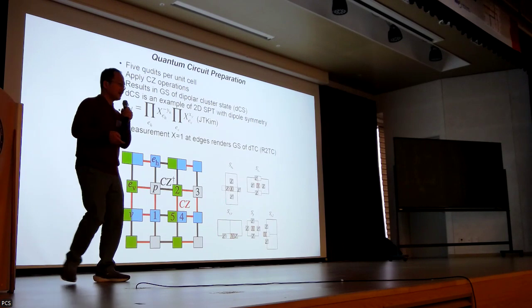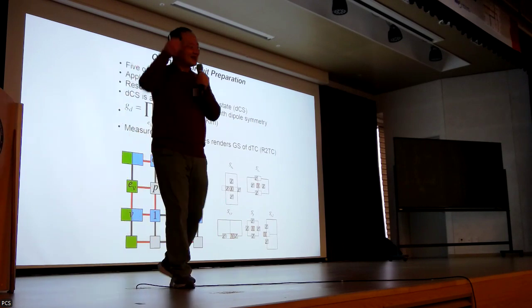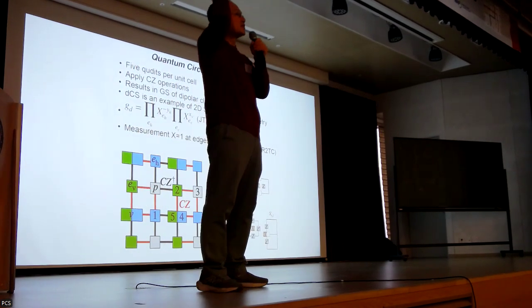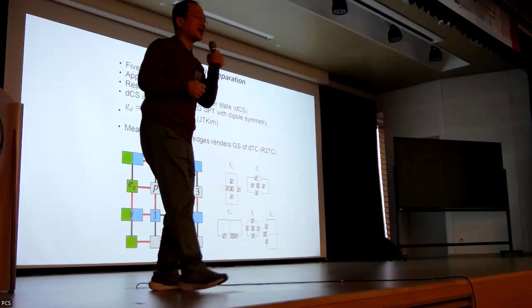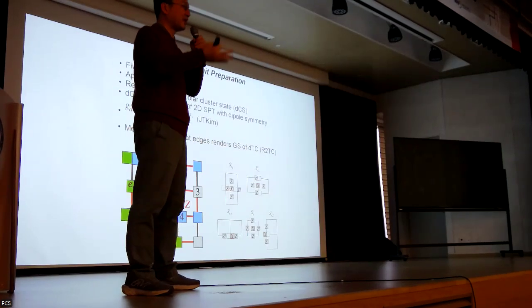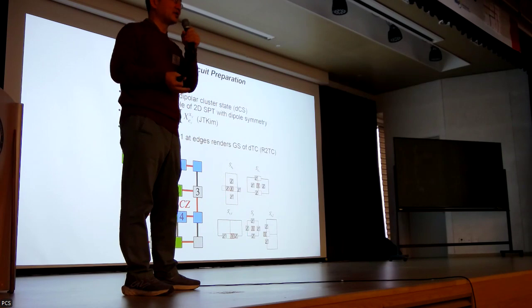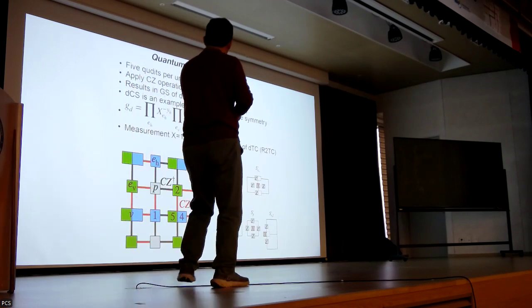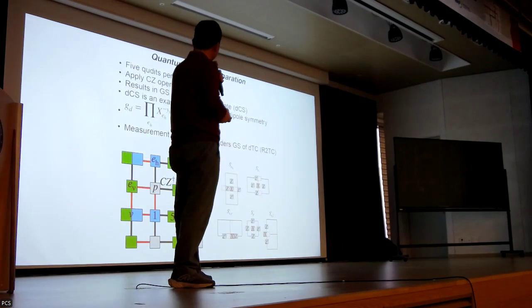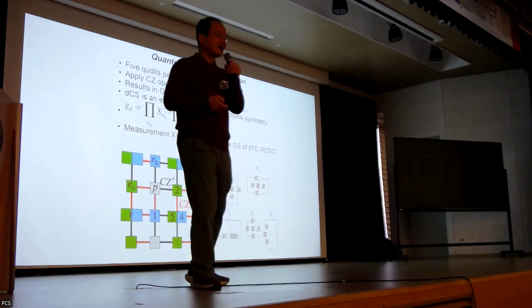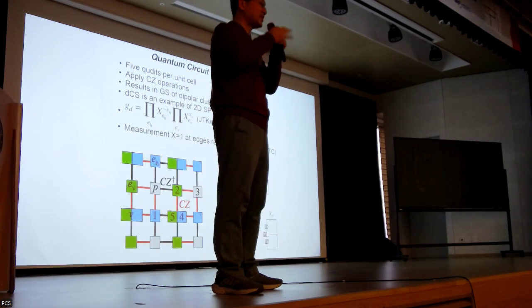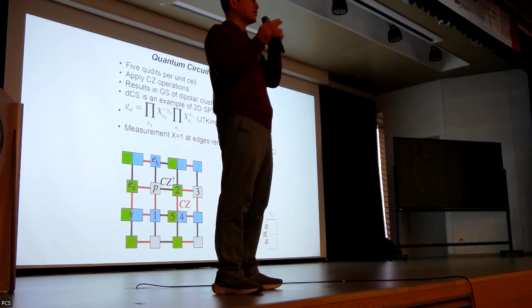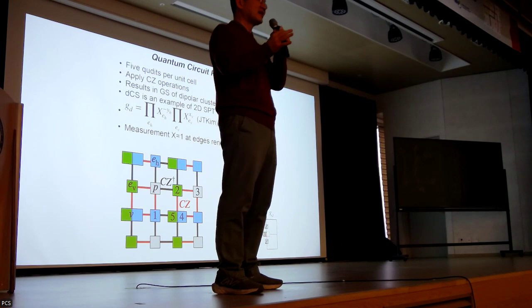All right, so this is the last slide. In an effort to make a connection with reality, we thought about ways to possibly prepare such a state in a quantum circuit. And we made some progress along that line. I believe we might have hit upon a two-dimensional lattice model, which is an SBT.